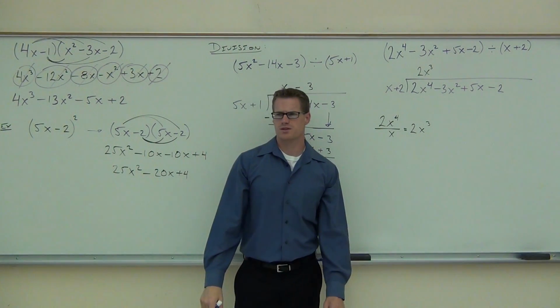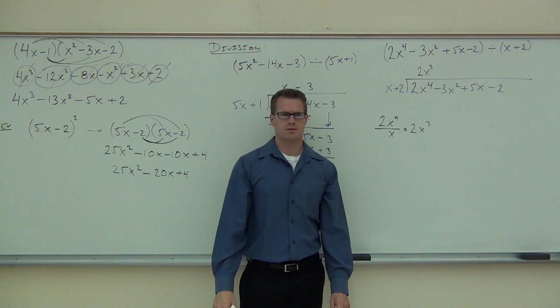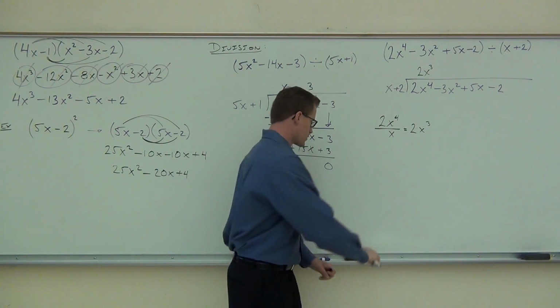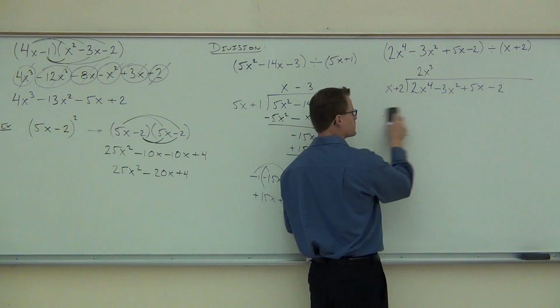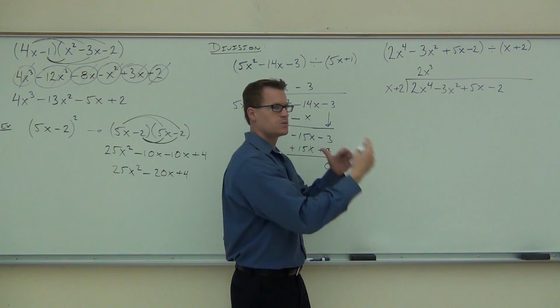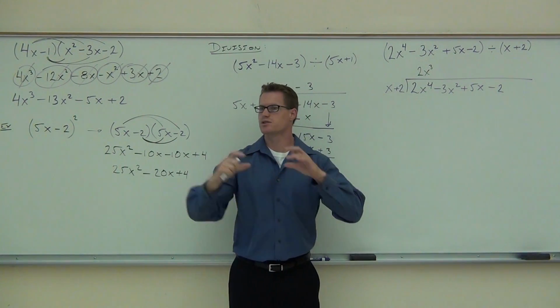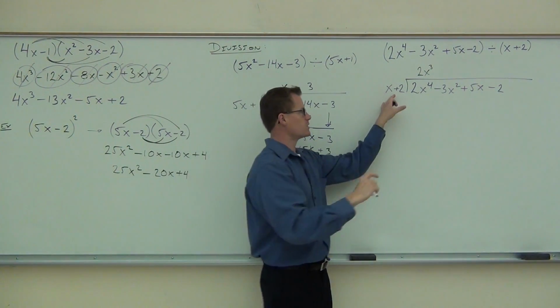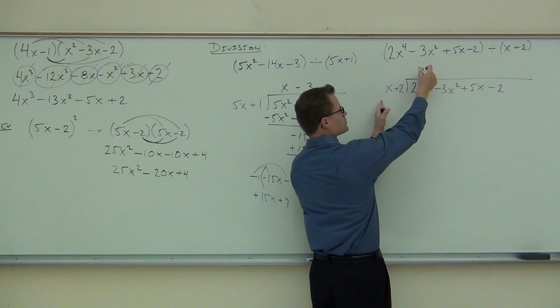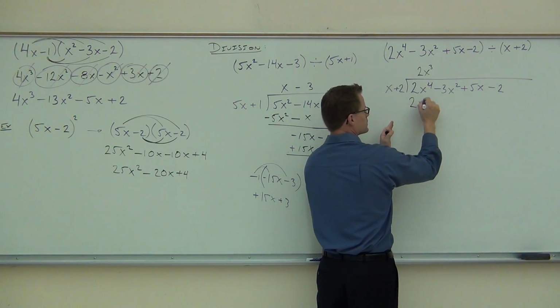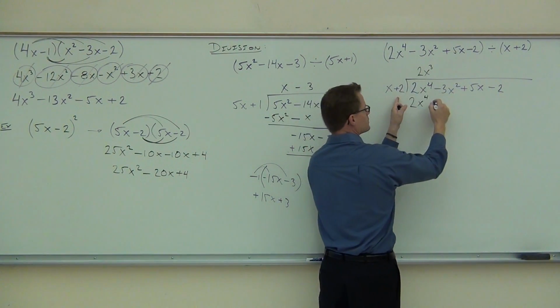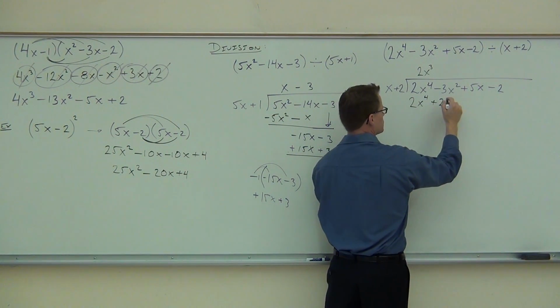Nod your head if you're comfortable getting the 2x to the 3rd out of this one. Good, okay. So I'm going to erase that. That's our first piece of the puzzle. And then, like we did before, we're going to distribute this across our divisor, the very first polynomial that you see out here. So when we distribute this, we're going to get 2x to the 4th. Hey, looks like we've done it right. And then plus 4.